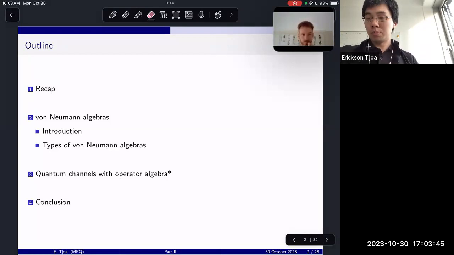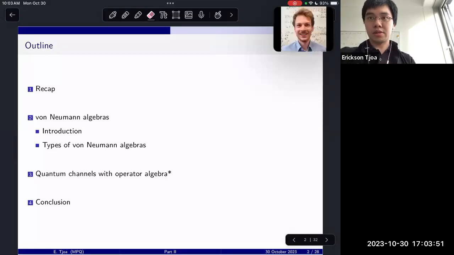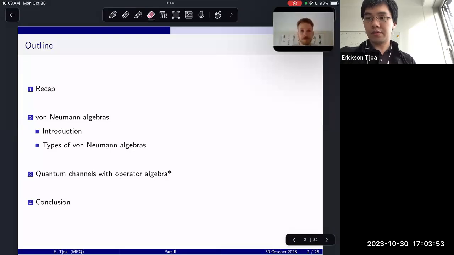Again, I will introduce mostly the algebraic ideas, and hopefully it conveys some of the most important properties, and then keeps you interested to pursue further directions.